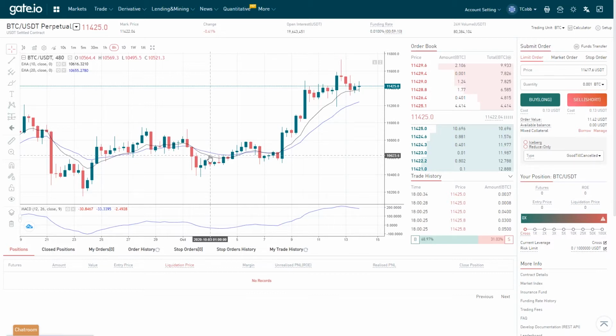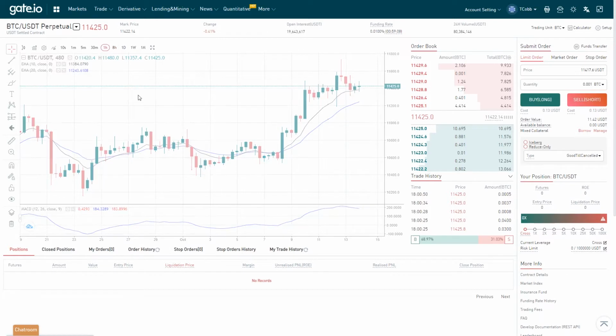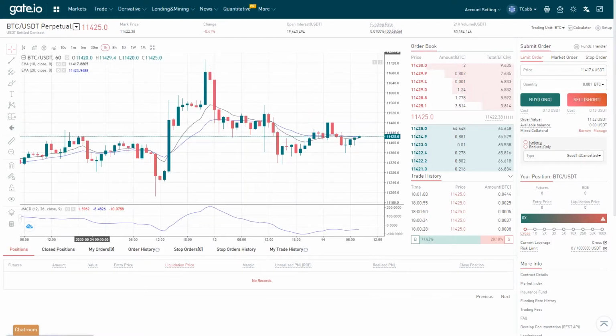That really is how I wish to present these scans. We're looking for trading opportunities within the perpetual market, which is futures, as well as some spot. We'll have a look at that as we go through.